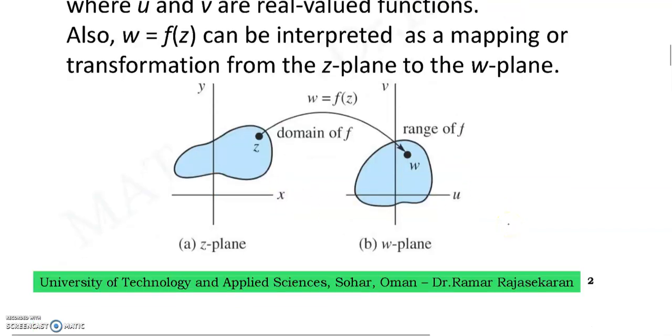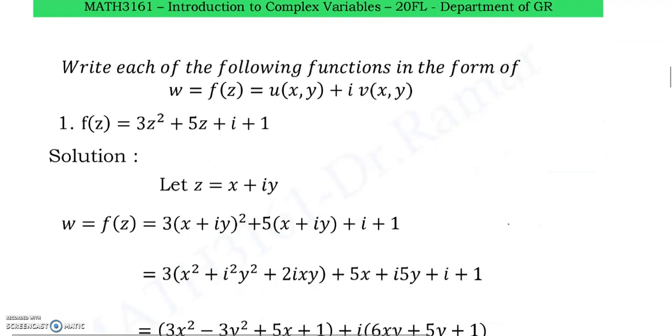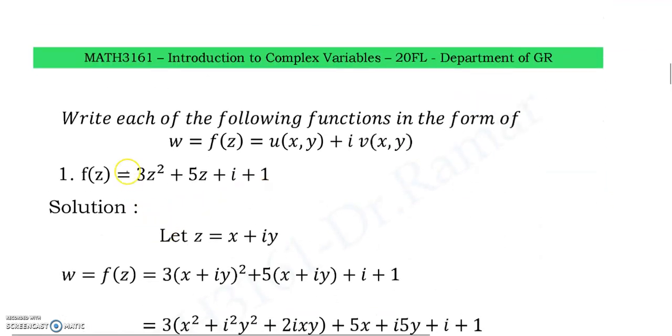Now here you see this question: write each of the following functions in the form of w is equal to f of z equal to u plus iv. Here actually u must be in terms of x and y. Similarly, v must be in terms of x and y.